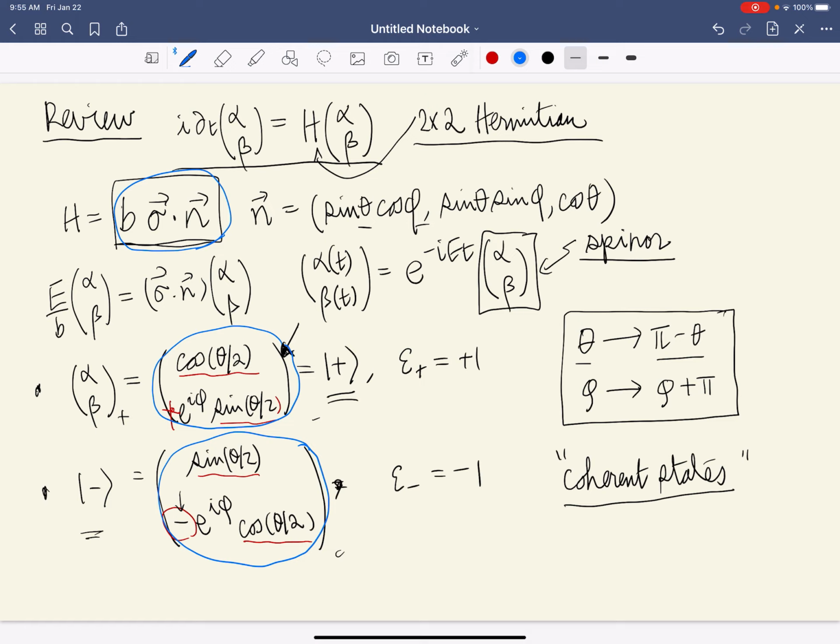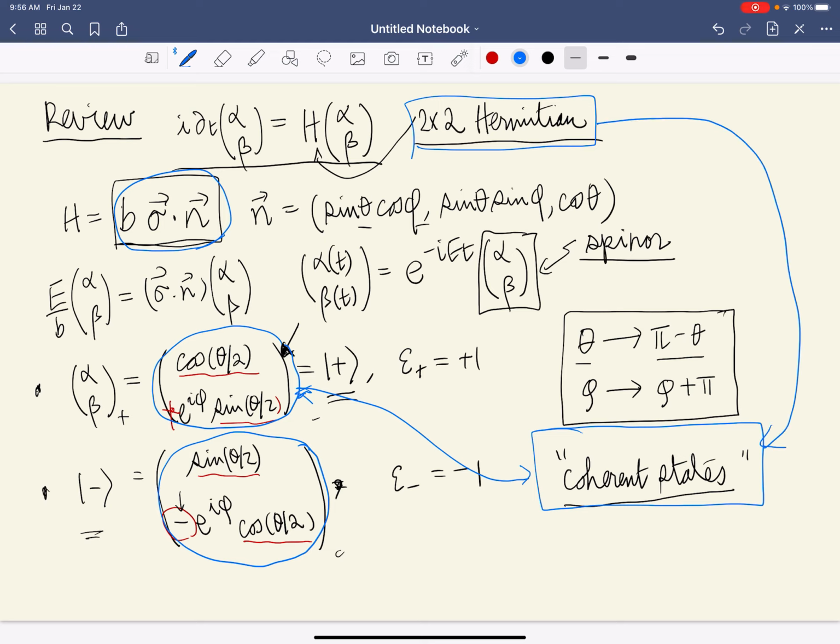And then what I'm saying is that the solutions that are written in this way naturally allow us to think about the coherent states representation. Okay, which means that any Schrodinger problem written with a 2 by 2 Hermitian matrix allows a natural interpretation in terms of the coherent state picture.